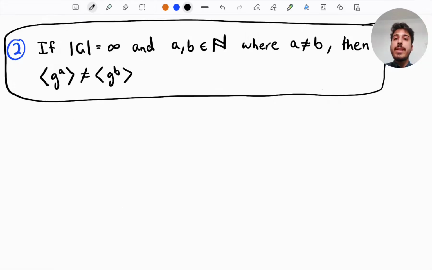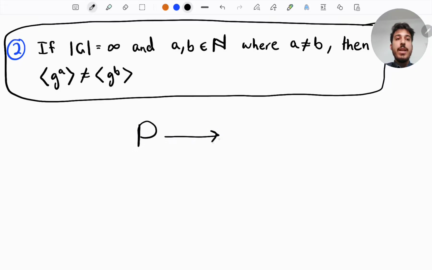To prove the second part of this property, we're going to be using what is called the contrapositive of the statement. The contrapositive will assume the opposite of this, and we will reach that A is equal to B, because this is a very popular thing in proving things.